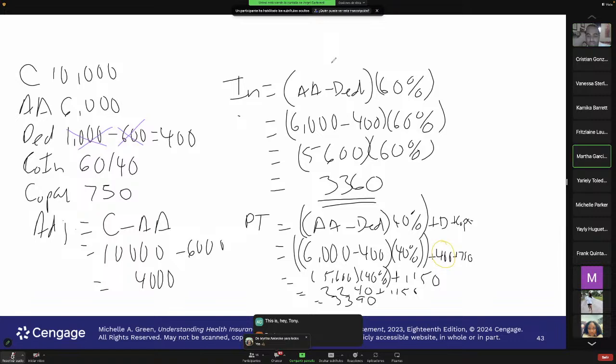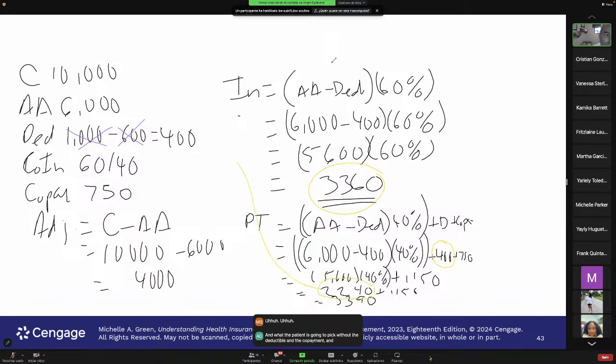Teacher, go ahead. In this case, is there a way of verifying if the figures are okay, to double check? The way you double check would be to take the number for what the insurance company is going to pay and what the patient is going to pay without the deductible and the co-payment.